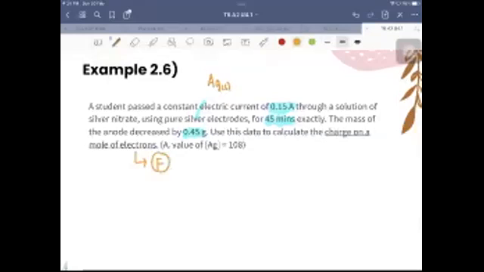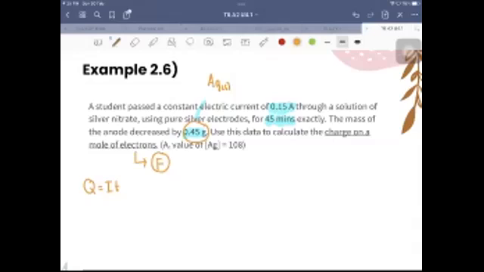First, I would start with, actually, it doesn't matter. You can always start with Q equals IT first, or you can convert the mass of the silver into moles, because after all, we will be referring to the number of moles based on the half equation.